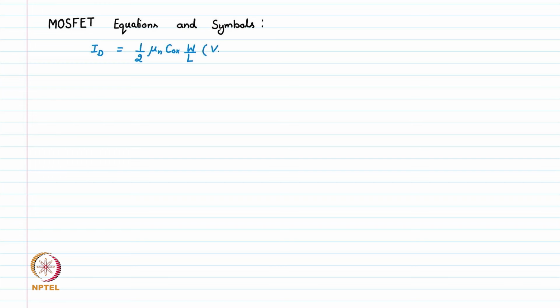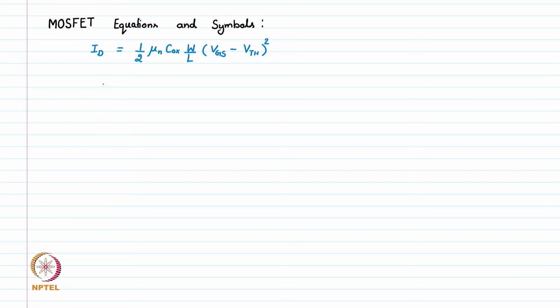In the bracket we have VGS, which is the gate to source voltage we apply on the MOSFET, minus VTH, or the threshold voltage, which we just measured from the ID VGS graph, and this is whole squared. So this is the characteristic equation for a MOSFET.